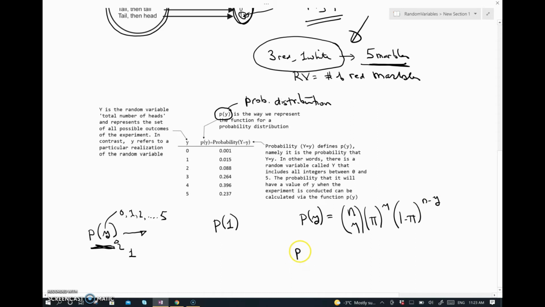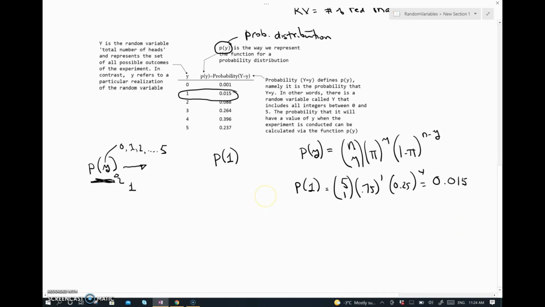So in this case, P(1) is going to be 5 choose 1, times 0.75 to the 1, times 0.25 raised to the power of 4, and that turns out to be 0.015.